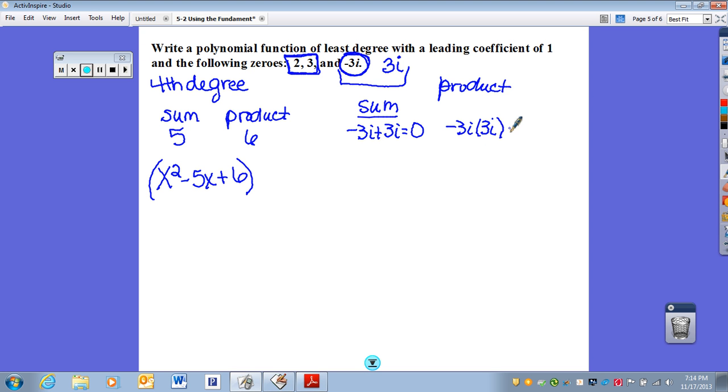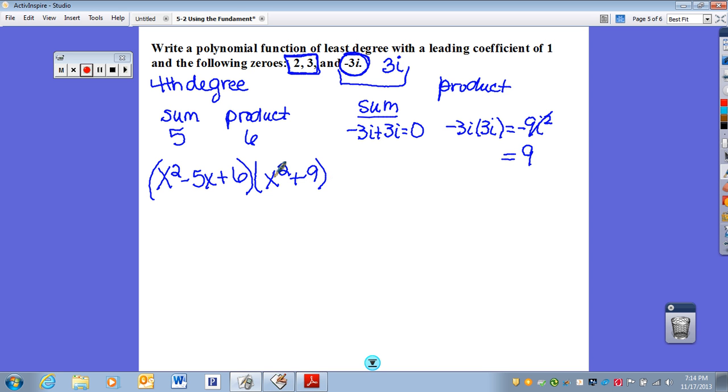Negative 3 times positive 3 is negative 9, and then we have i squared. But if you remember, i squared is negative 1, so negative 1 times negative 9 would be 9. So our next quadratic would be x squared. We subtract the sum, so minus 0, and we add the product, which would be 9.